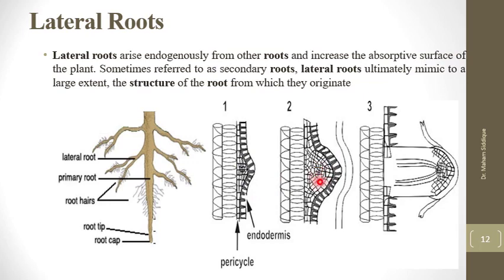You can see this in the diagram. Thus, a number of cells are produced which form something like a protrusion. This is really the primordium of the lateral root.